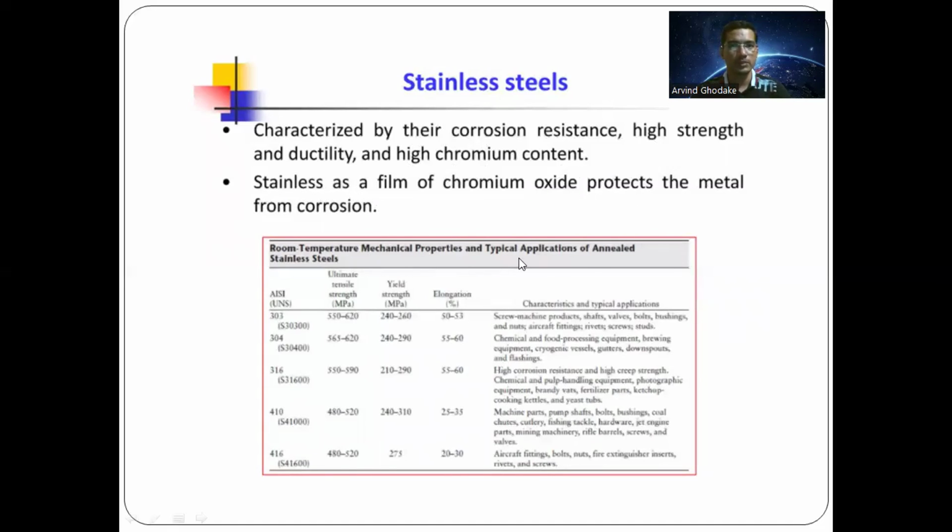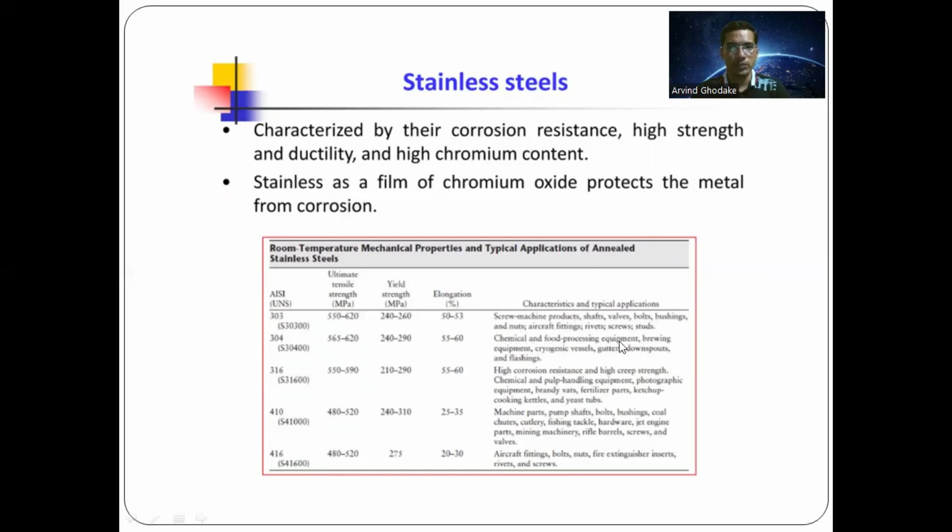So these are some of the typical applications of annealed stainless steel: screw machine products, shafts, valves, bolts, bushings and nuts, aircraft fittings, rivets, screws, studs.